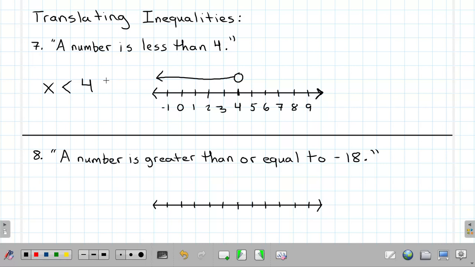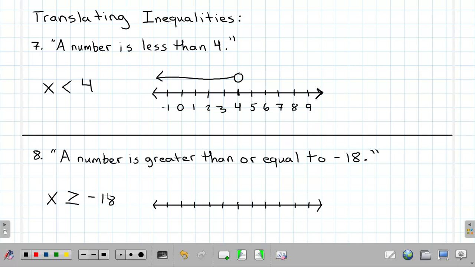But let's go ahead and look at number 8. A number is greater than or equal to -18. Well, once again, a number, let's call it X, is greater than or equal to. So in this case, greater than or equal to, that's this symbol. A number X is greater than or equal to -18.